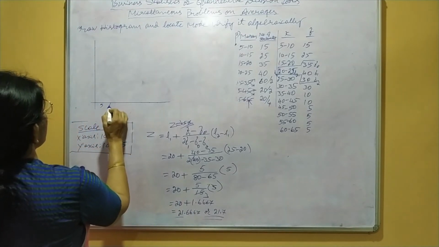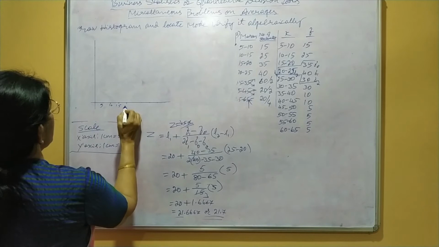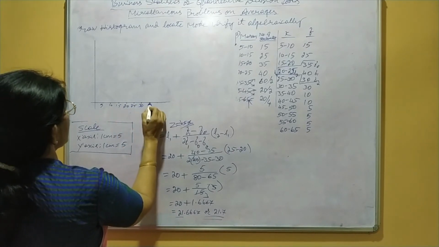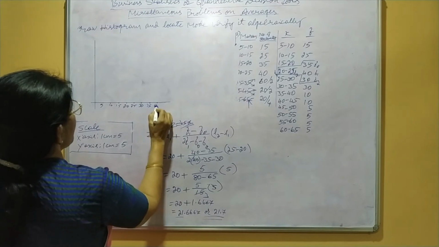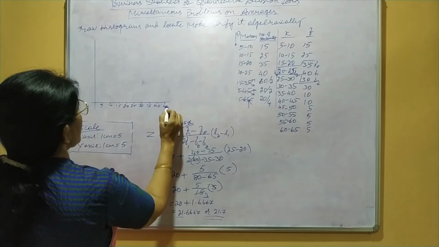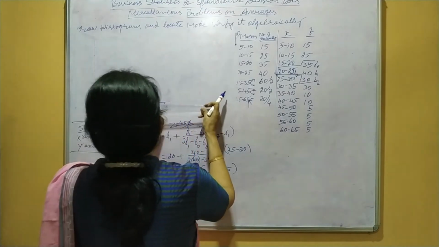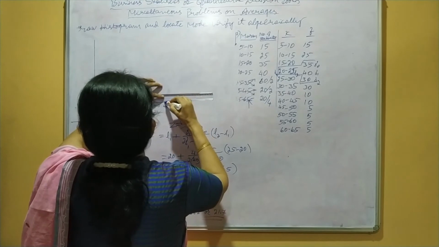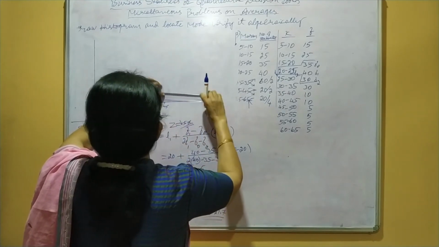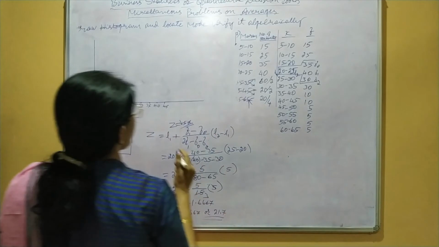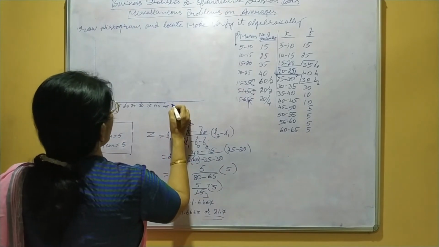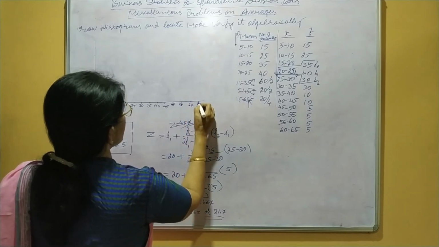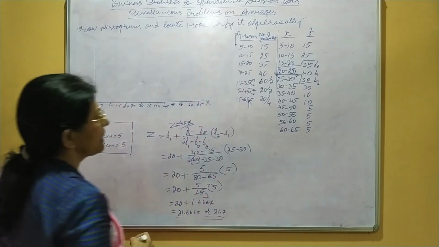So 5, 10, 15, 20, 25, 30, 35, 40, 45, 50, 55, 60, 65 on the x-axis.